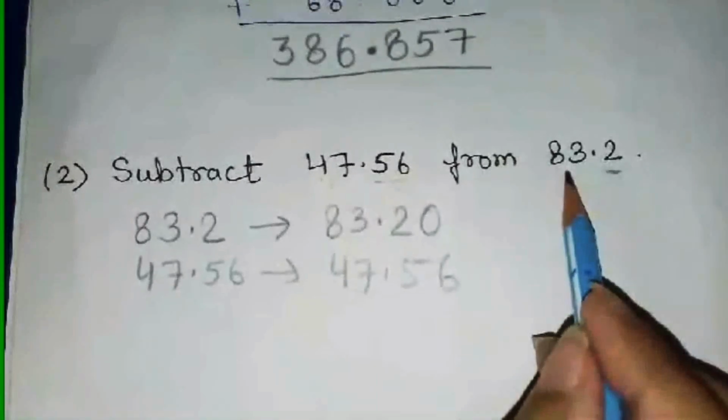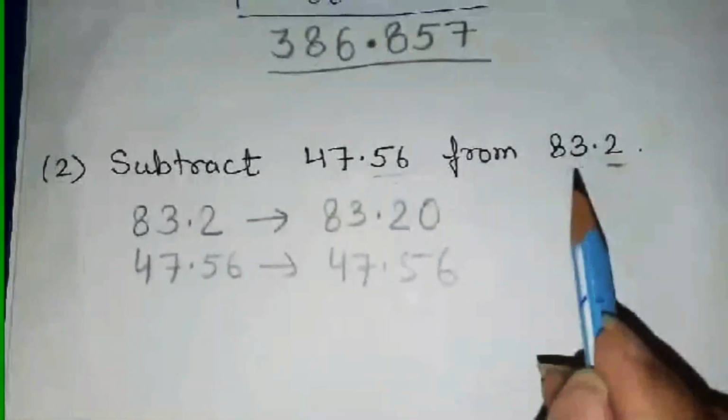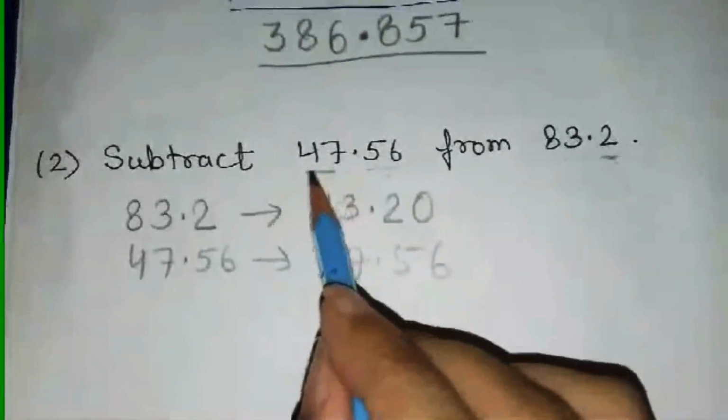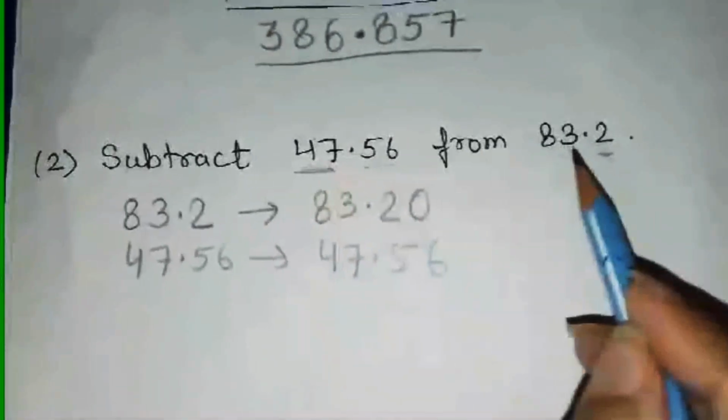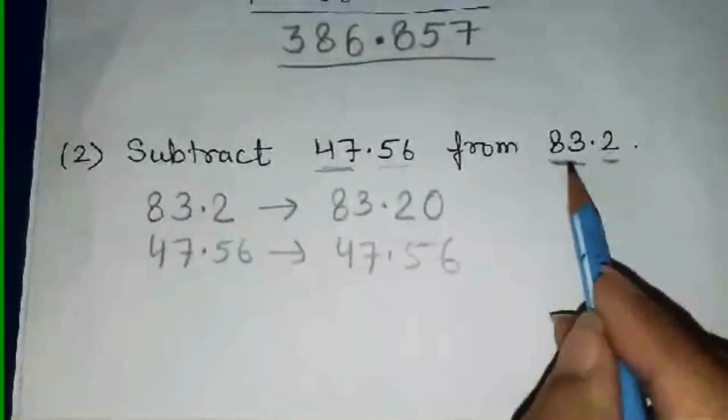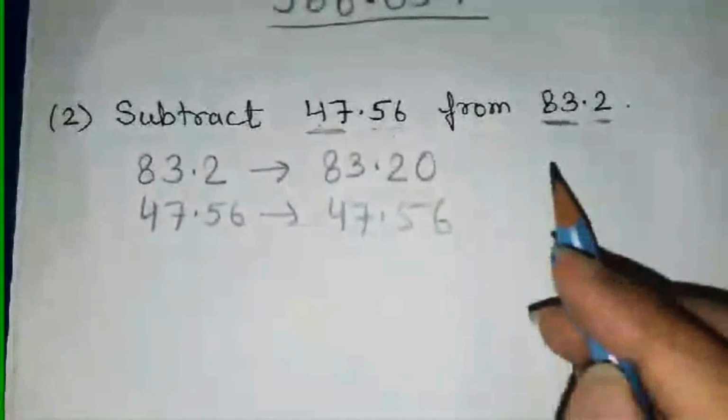Compare these two numbers. When we compare two decimals, first we compare the whole part. So here the whole part is 47 and here the whole part is 83. So the whole number part 83 is greater than 47.